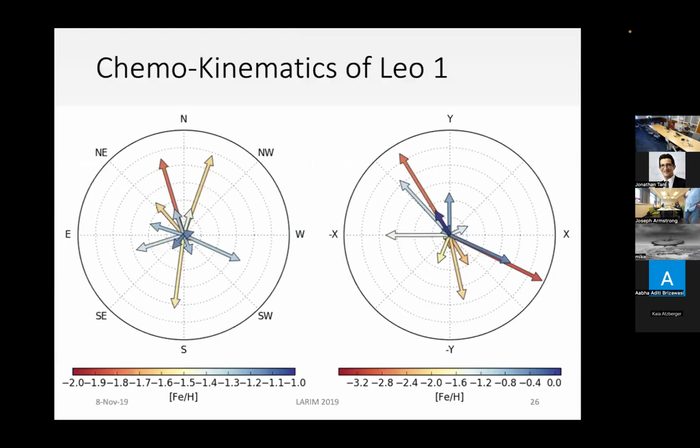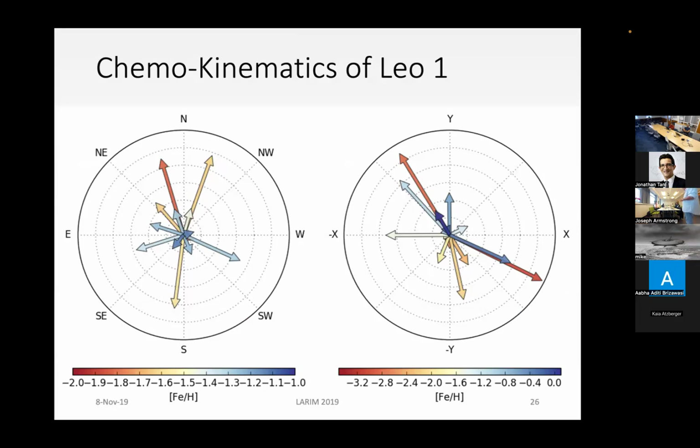Then we can determine the angular momentum, or at least the projected angular momentum, of those streams. The projected angular momentum vectors are pointing in all kinds of directions in the simulations, and they are pointing in all kinds of directions in the Leo 1 data.